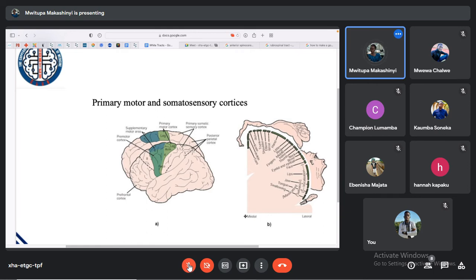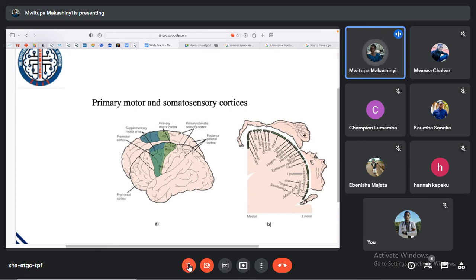If you're viewing a transverse section, you can see medially here and laterally there.